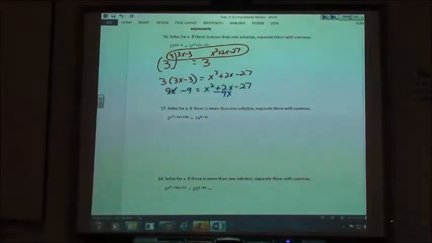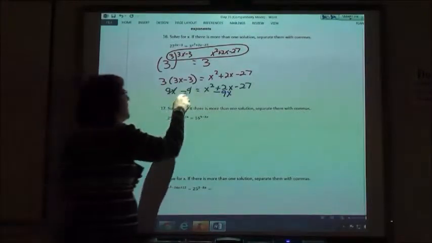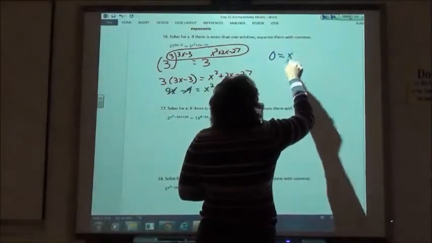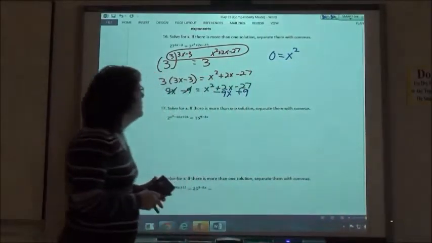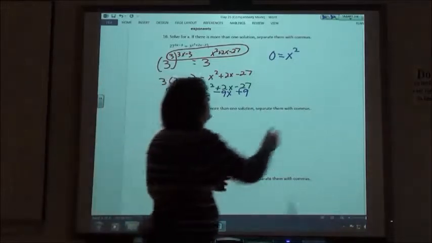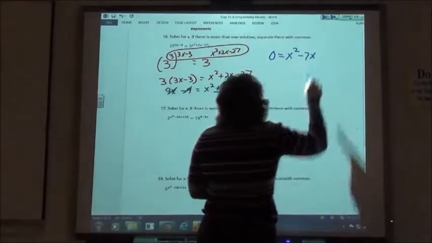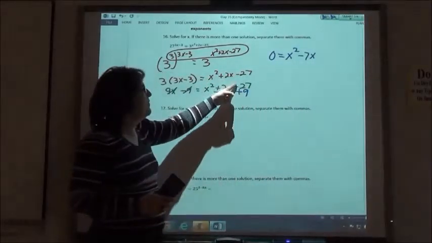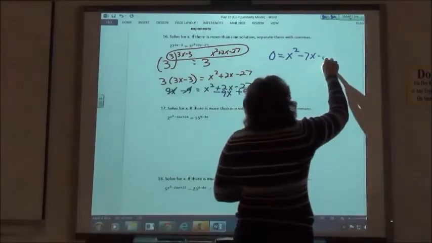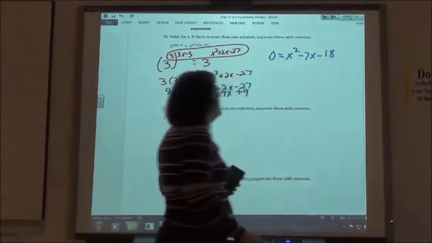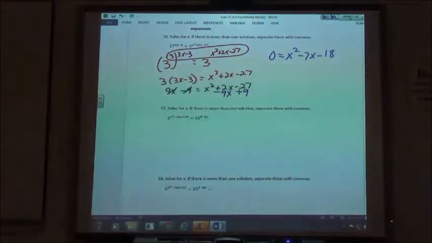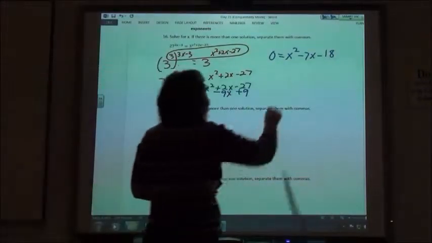And how do I move the 9? Make it a positive 9. Okay. Plus 9. So 0 is going to equal x squared. A positive 2 minus 9 would be minus 7x. Negative 27 plus 9 would be minus 18, right? Minus 18, yeah. Okay. Now we got to solve that by factoring then.